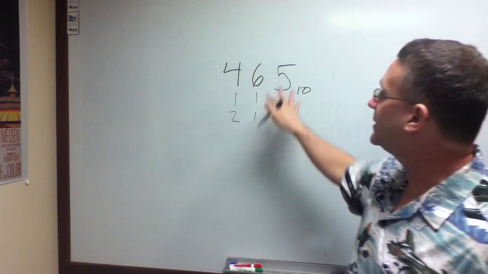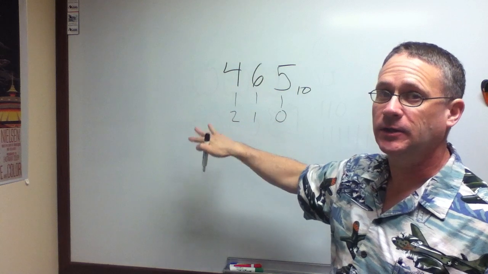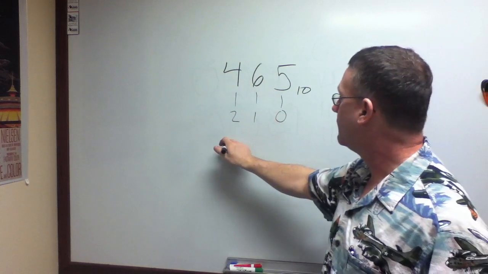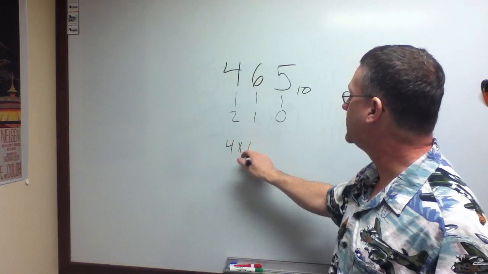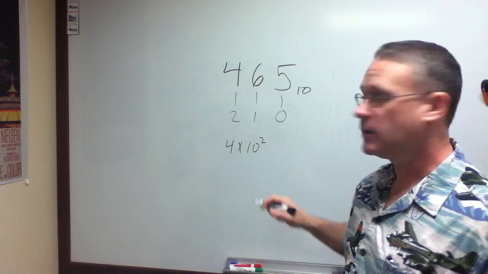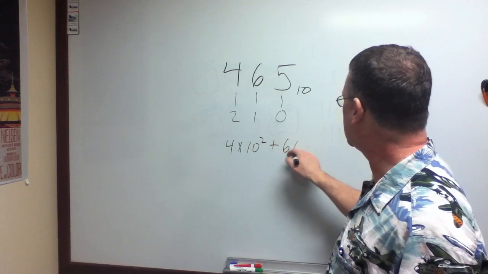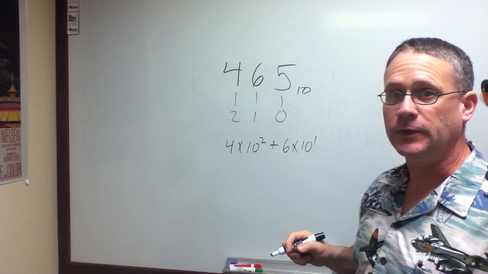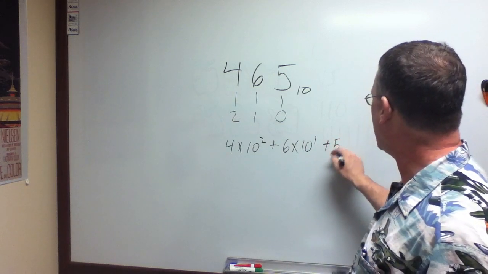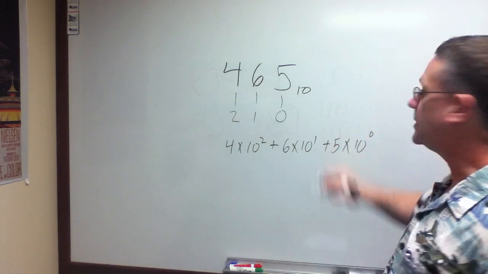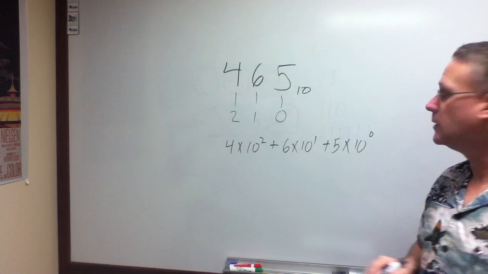Okay? So we could expand this number out and write it like this. 4 times 10 squared plus 6 times 10 to the first plus 5 times 10 to the 0. Okay?